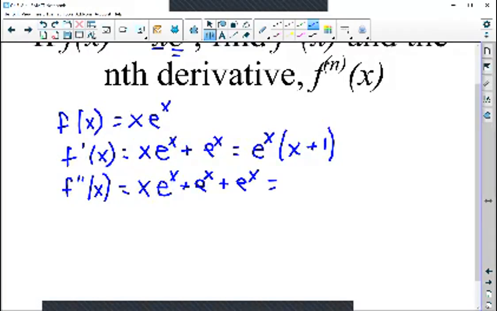If I factor out an e to the x, I would have x plus 1 plus 1. And way back in the dark ages when I did this, 1 plus 1 was 2. So I think I get that.